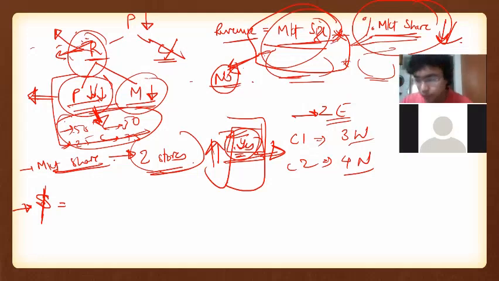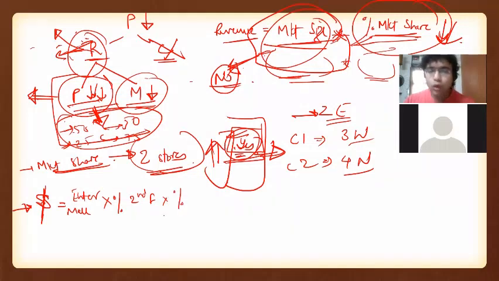What do I mean by that? Just follow me here. So step number 1, enter mall. Step number 2, out of that, a percentage of people will be going to the second floor. Out of that, a percentage of people will be going to the east wing.